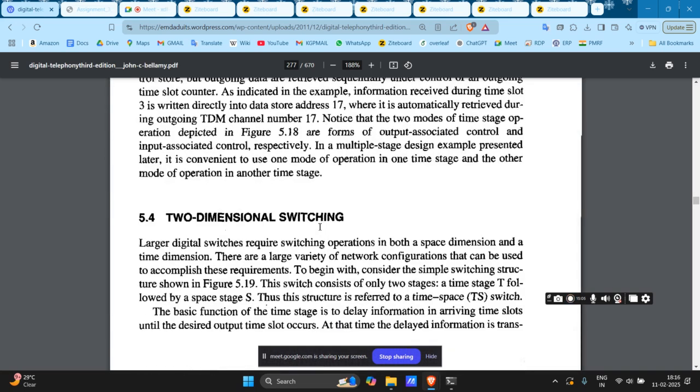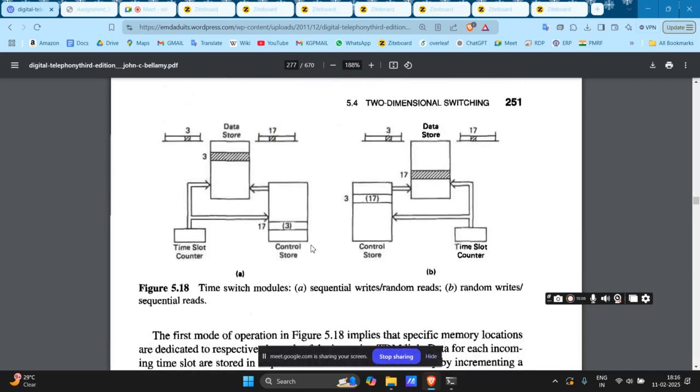Okay, so next, this is purely time switching. That means all the data is getting stored and then they are getting outputted according to their time slots. Now, what is the disadvantage of this time switching? If you have a lot of data, then your data might have to wait for a long time, because as I said, your entire data will not get transmitted at once.